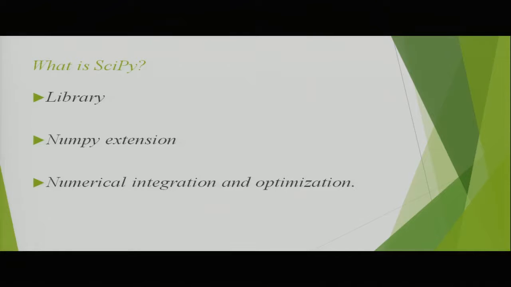To begin with, what is SciPy? SciPy is an open source scientific library of Python that is distributed under the Berkeley Software Distribution license. It is used to solve complex scientific and mathematical problems. It is built on top of the NumPy extension, which means if we import SciPy, there is no need to import NumPy.